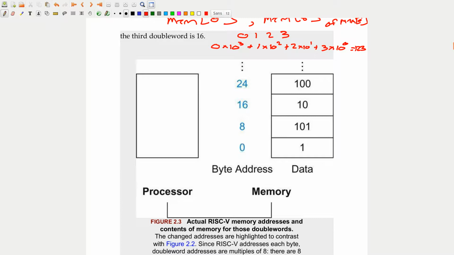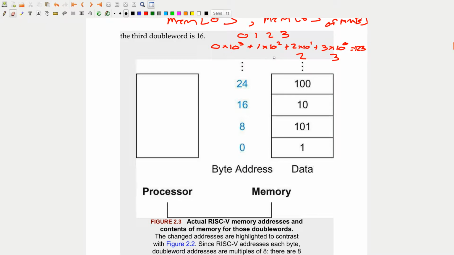Same thing. Now, all we're saying here is that let's say each one of these digits has to be in a different address. So this has to be at address 0, this has to be at address 1, this has to be at address 2, and this has to be at address 3. Now, this is how it works in Big Endian. The big end is the smallest address.